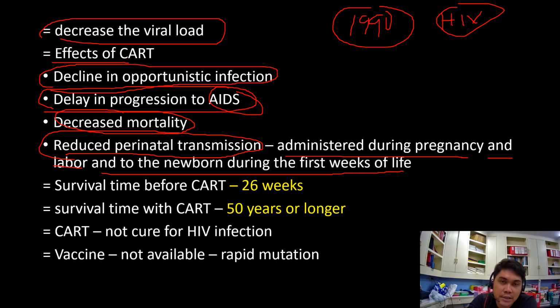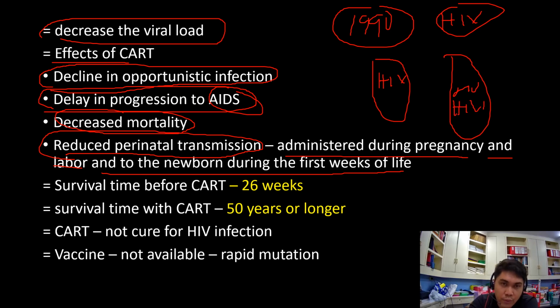Same principle, for example, if the woman has HIV and the man has no HIV, to lower the risk of transmission via sexual contact, antiretroviral therapy can also lower the transmission of HIV via sexual contact, because there's a decrease in viral load.